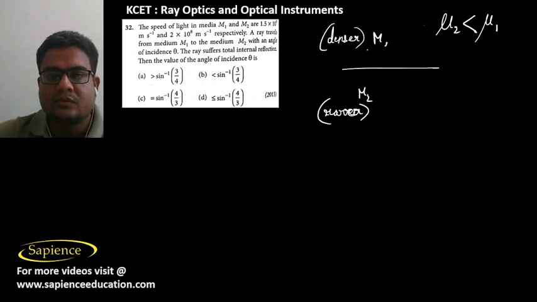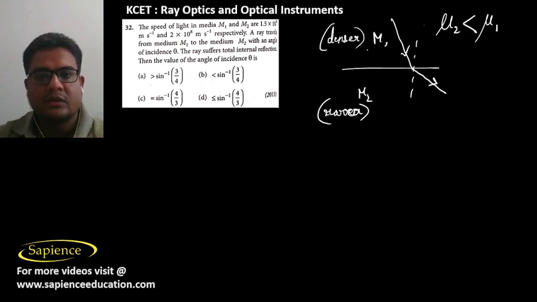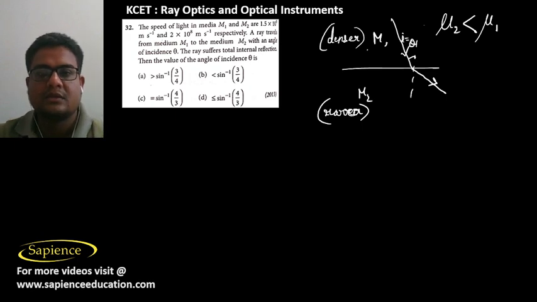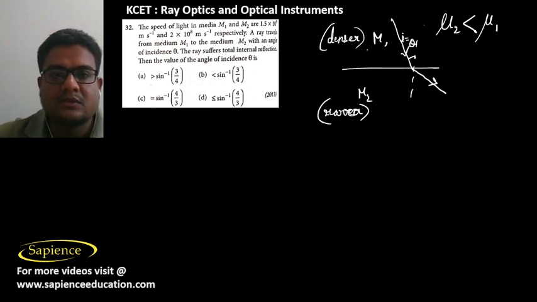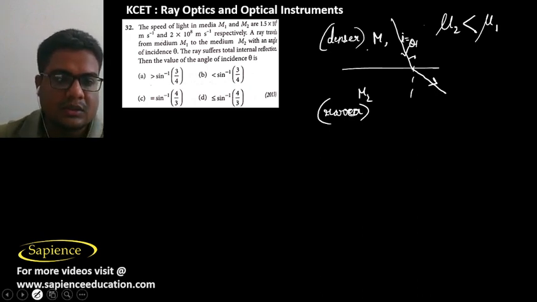So when it is going from denser to rarer, the light ray will bend away from the normal. A ray travels from medium M1 to M2 with an angle of incidence theta. So here I is theta. The ray suffers total internal reflection.